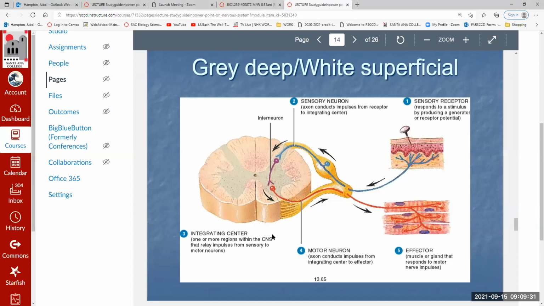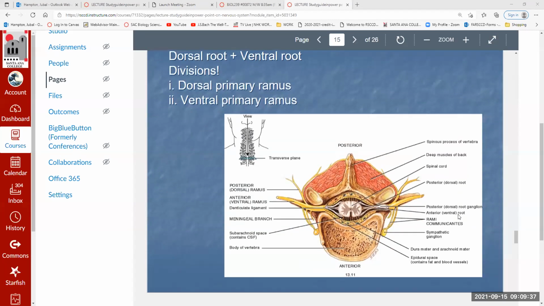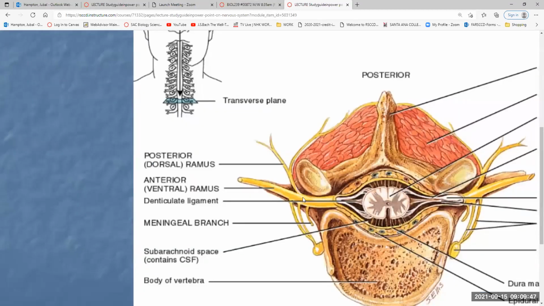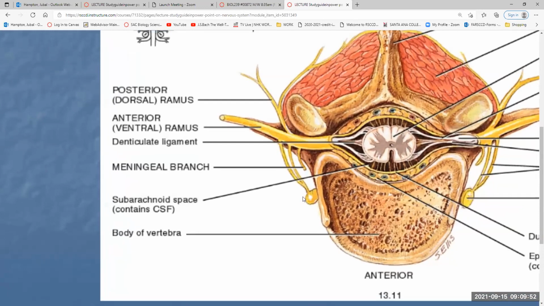All right. So now I go past that. And we're still looking for a good rami. Here we go. On the screen, see another section. In this one, we see the posterior dorsal ramus and the anterior dorsal ramus.